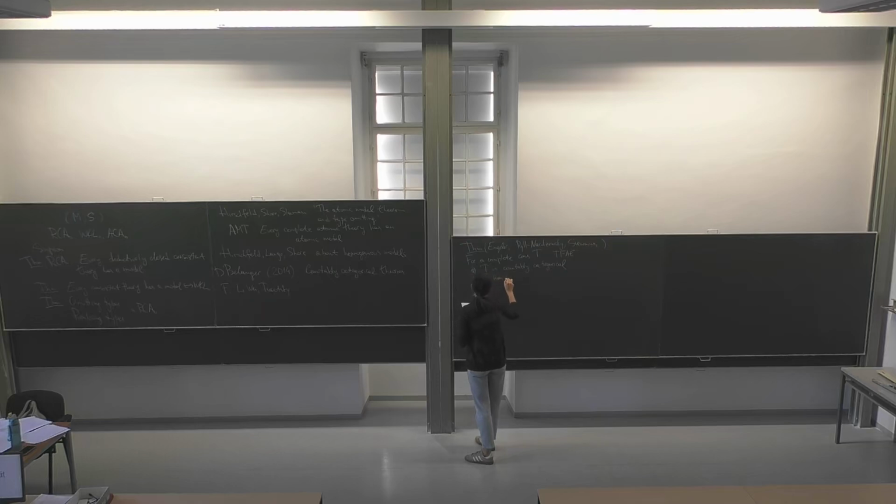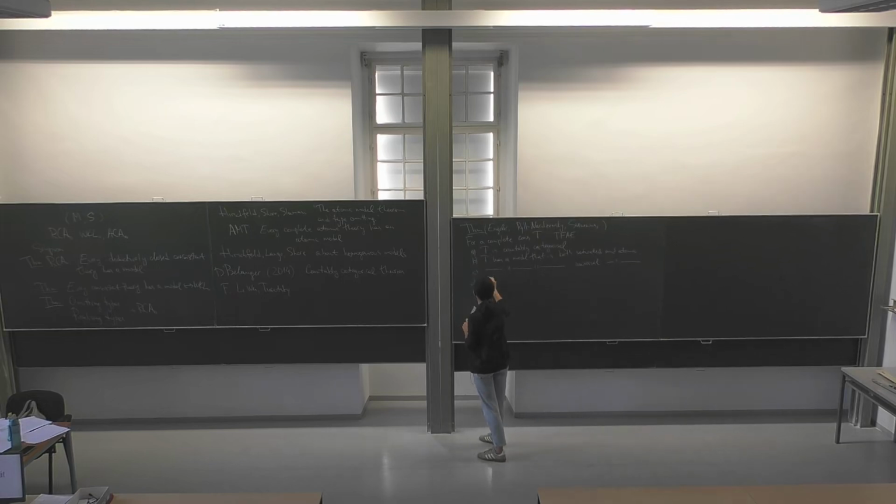A: T is countably categorical. B: T has a model that is both saturated and atomic. C: T has a model that is both universal and atomic. D: All models of T are atomic.